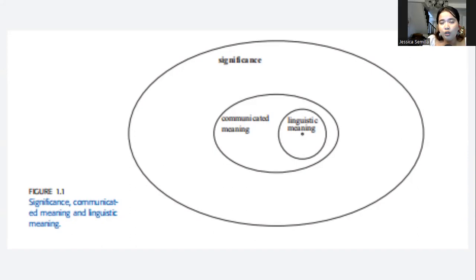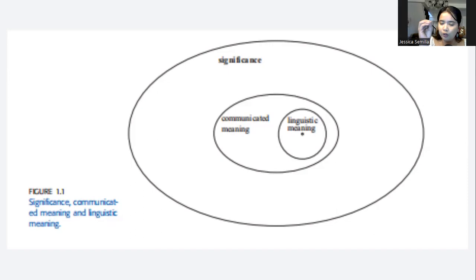However, when you try to use it, communicate it, that word becomes different already in the meaning, and therefore creates a significance in terms of its relationship from that word. So that is what you mean by significance, communicated meaning, and linguistic meaning.